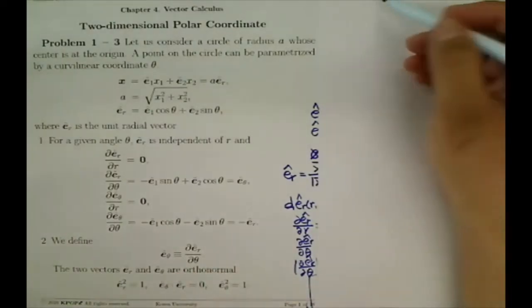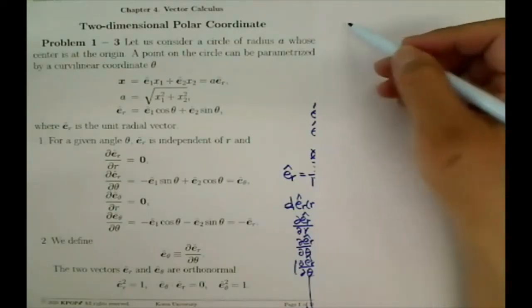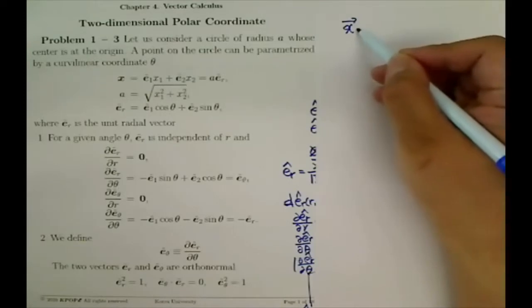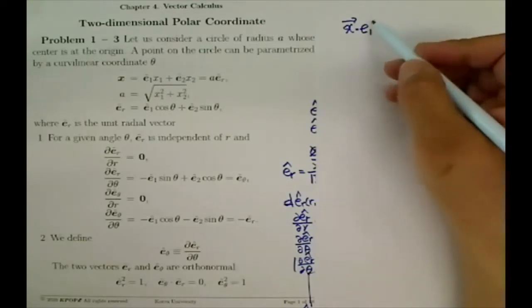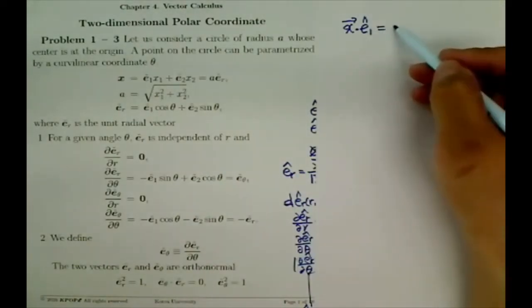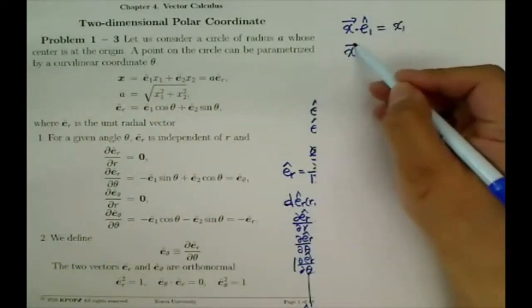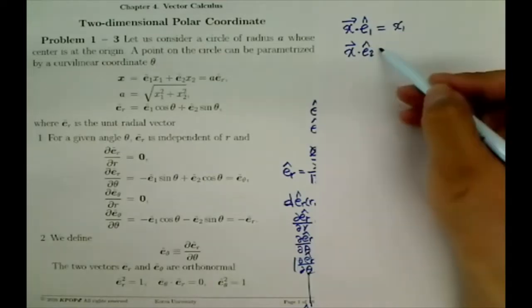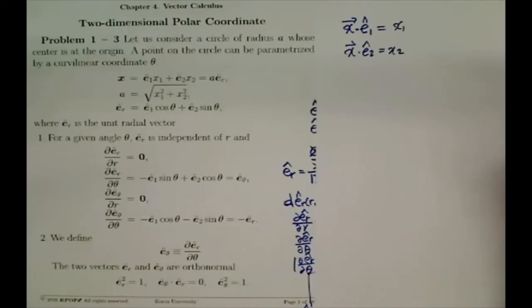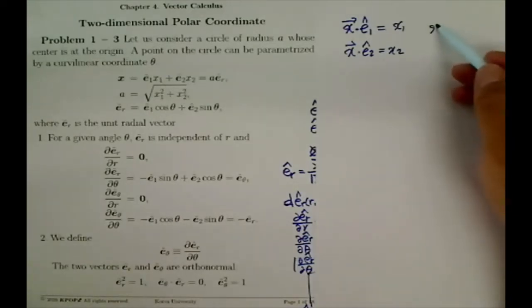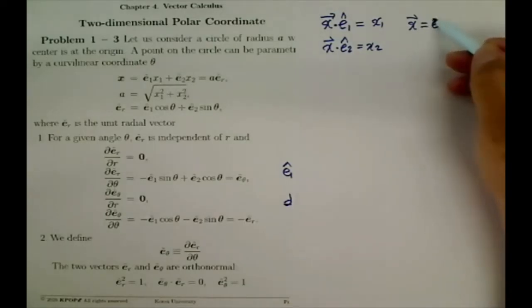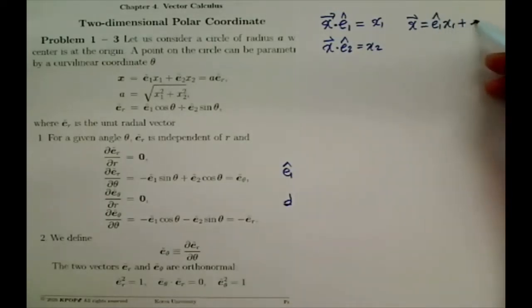The component x1 can be pulled out by taking the scalar product with e1 hat, and the scalar product with e2 hat becomes x2. The position vector x is then expressed as a linear combination of e1 hat and e2 hat.